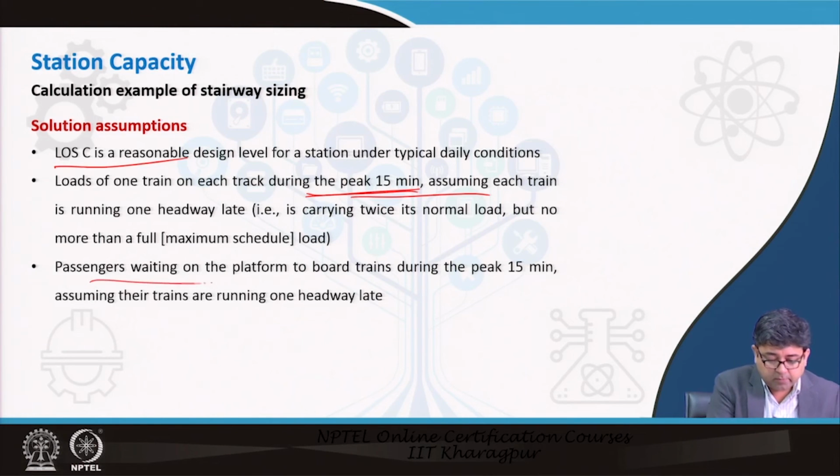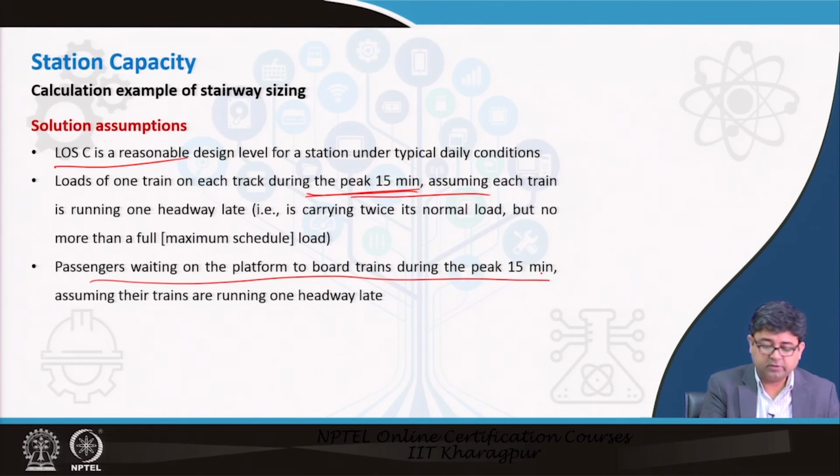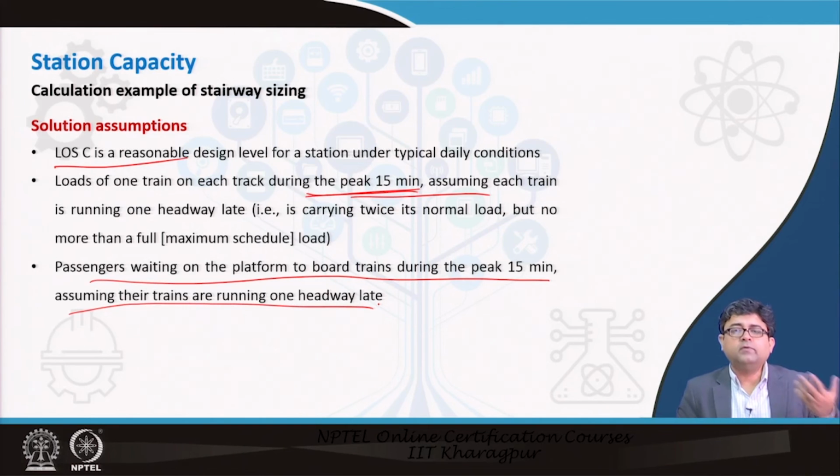And passengers waiting on a platform to board during the 15-minute period, assuming that the trains are running one headway late. To be on the safe side, always assume that the trains are running late by one headway, so that there are actually passengers waiting on the platform.